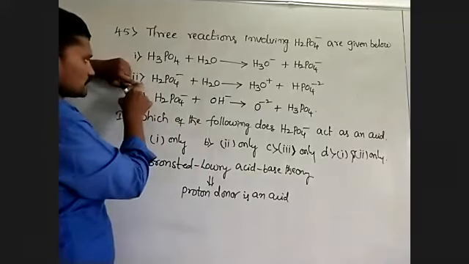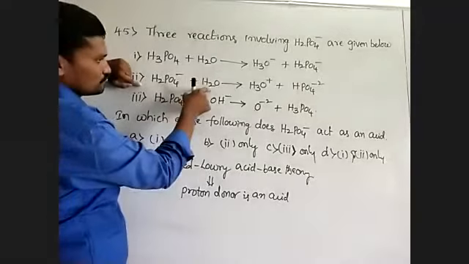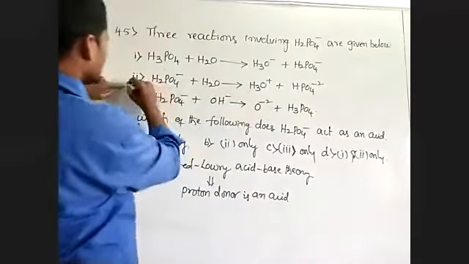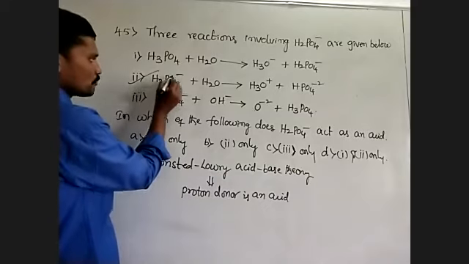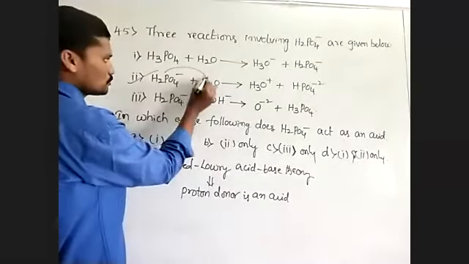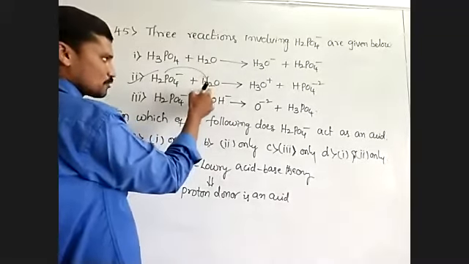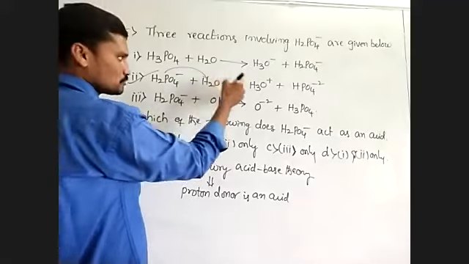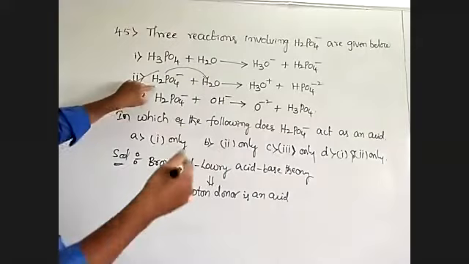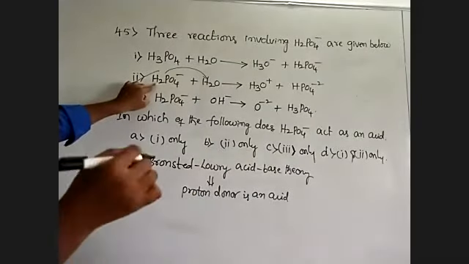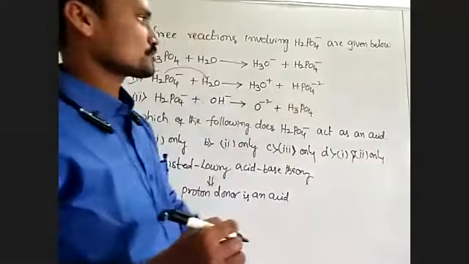Next, coming to the 2, H2PO4 minus combines with water, it forms H3O plus. So this is the right one. Why? Because here H2PO4 minus donates one proton to the water. After accepting this proton, the water is converting to hydronium ion, H3O plus ion. After losing one proton, this H2PO4 minus is converting to HPO4 minus 2 ion.